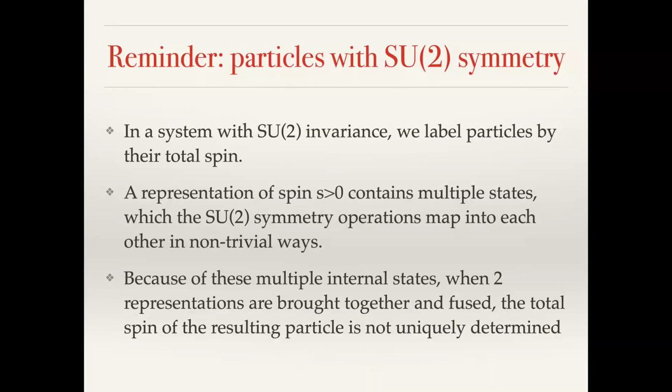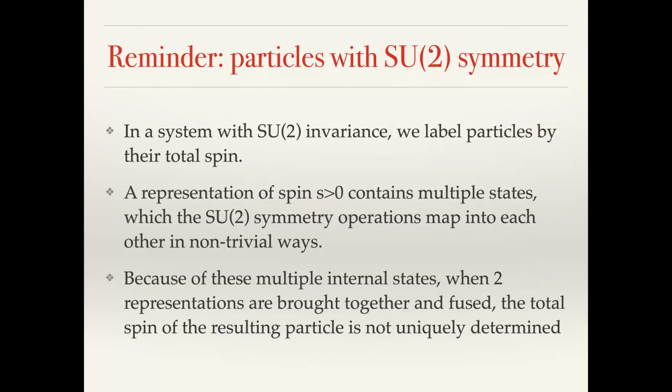So I want to start with, forget Chern-Simons theory. Let's just suppose that I have a theory with an SU2 symmetry, okay? And in a theory with an SU2 symmetry, we know how to talk about particles, right? We have to label the particles by their total spin, right? And if we have a particle with total spin that is not 0, right?